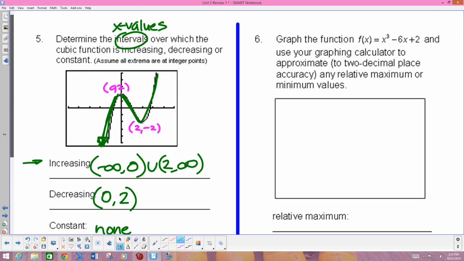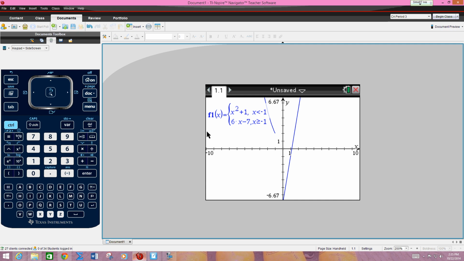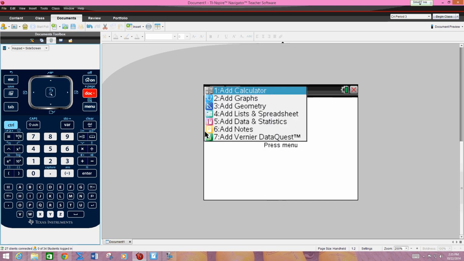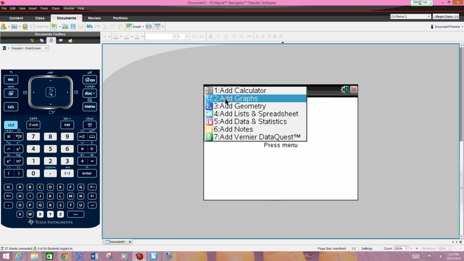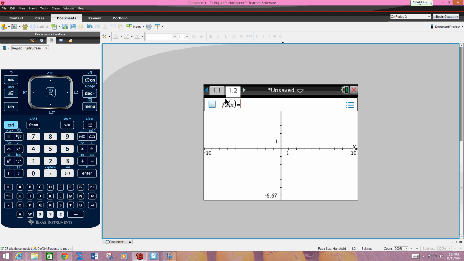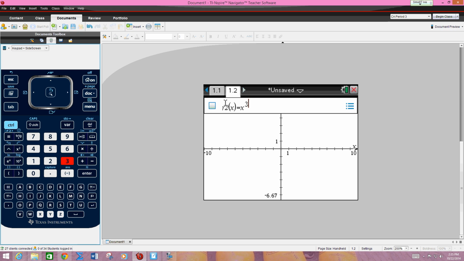Okay? So now we're on number 6. And on number 6, it's telling you to graph that function there, using your graphing calculator to approximate to 2 decimal accuracy. So I'm going to go and graph this. So we'll go to a graphing calculator. I'm going to add a page, and I'm going to add a graph. And here I'm going to graph number 6. And so I know that it's a cubic, x to the 3rd.